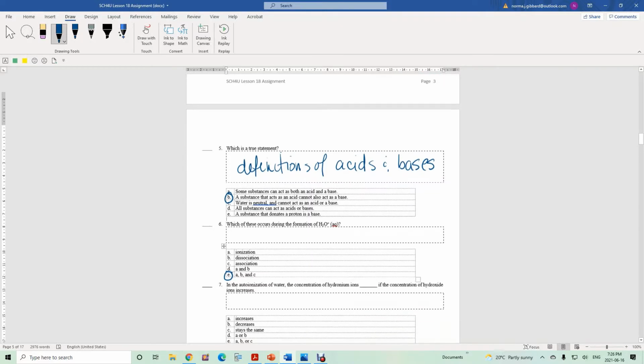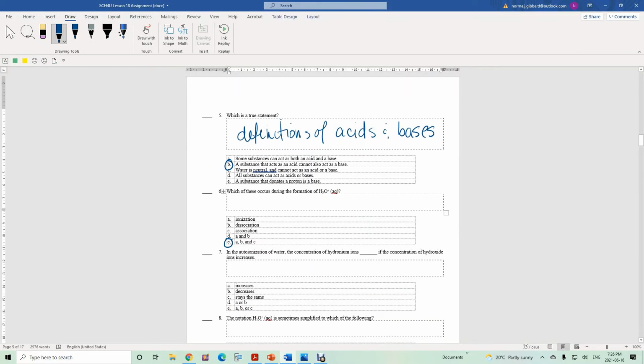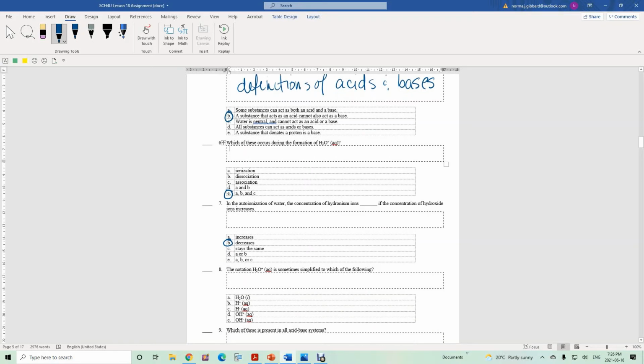So your option is E. Number 7, the autoionization of water, the concentration of hydronium ions decreases, so your answer is B. Number 8, the notation H3O plus means that you have H2O and you add another H. Is sometimes simplified to which of the following?